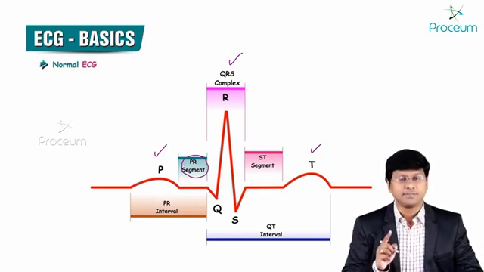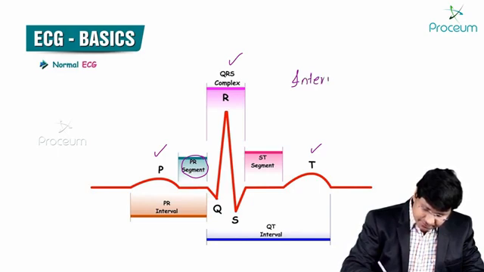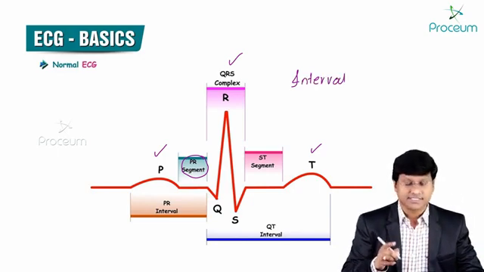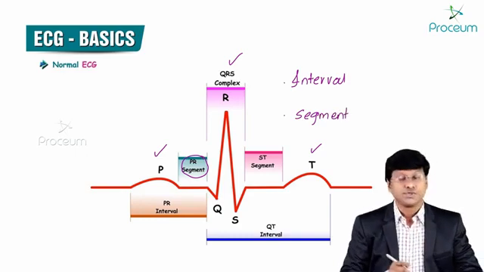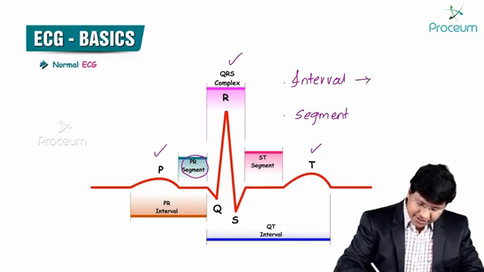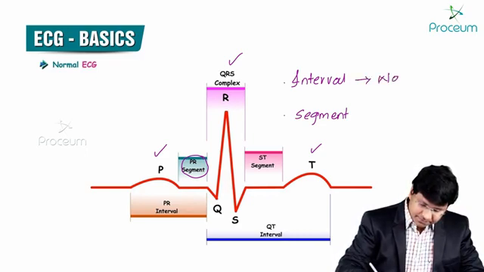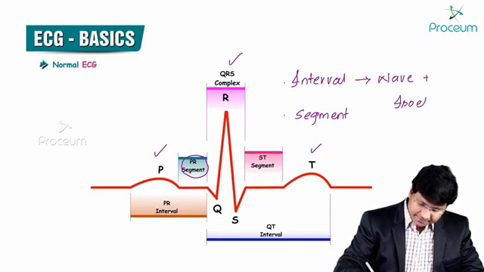Now, at this point, you need to remember two important aspects. One, you need to understand what you mean by the word interval, and you need to understand what you mean by segment. Take the interval, for example, the PR interval. The PR interval has the waves, and along with that there will be the presence of isoelectric baseline.